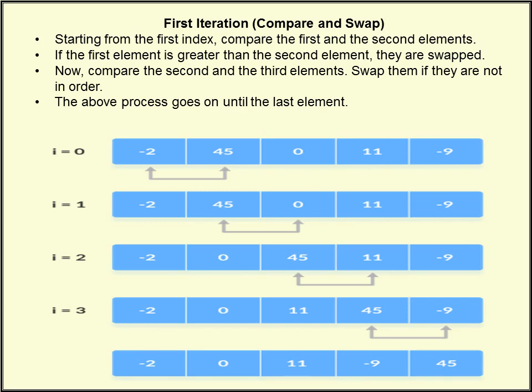After that, we check whether 45 is less than -9 or not. The 45 is not less than -9, so swapping will occur and the index values of -9 and 45 will be changed. After the completion of the first iteration, the list is -2, 0, 11, -9 and 45.